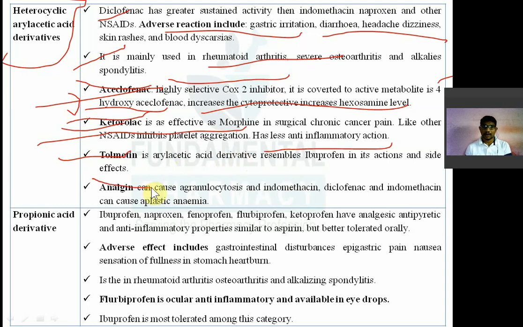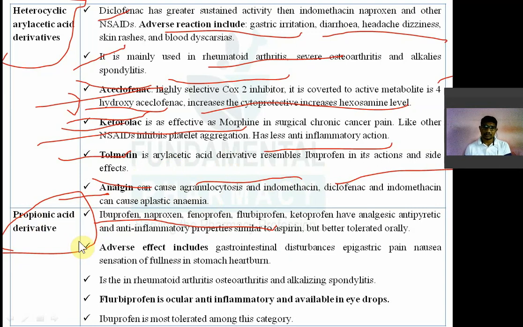Analgin can cause agranulocytosis. Diclofenac and indomethacin can cause aplastic anemia. The next category is propionic acid derivatives like ibuprofen, naproxen, fenoprofen, flurbiprofen, and ketoprofen. They are analgesic, antipyretic, and anti-inflammatory drugs.